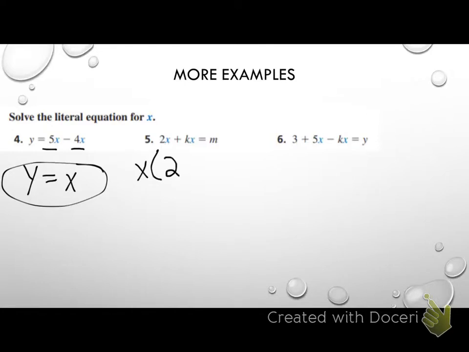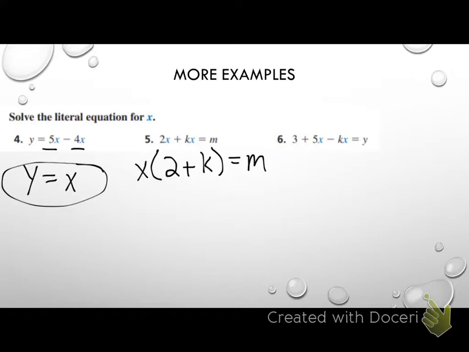2. X times what would give me kx? Okay. Questions how I factored that one? You're just kind of doing the reverse of the distributive property. Would we divide that then?